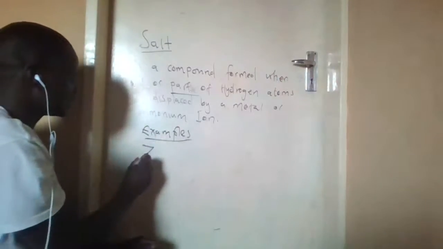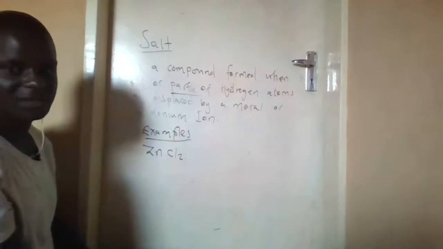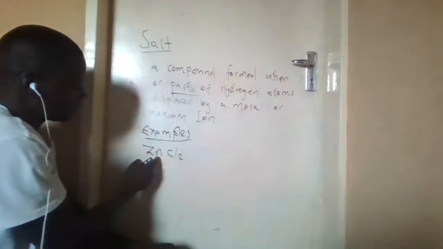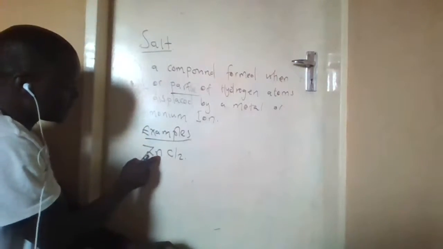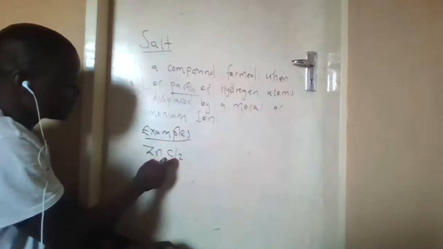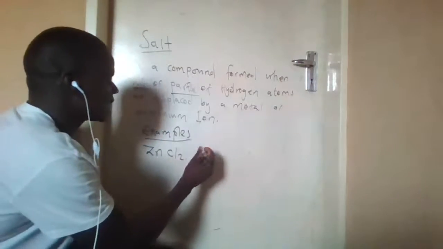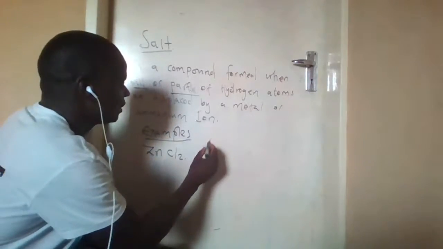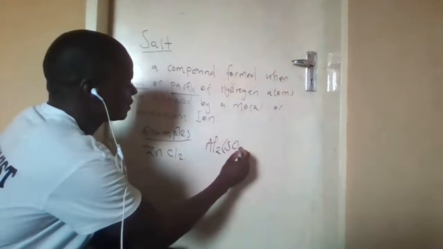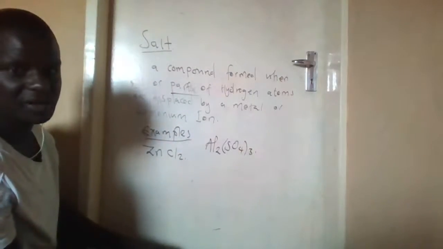So we can look at examples of salts. We can look at zinc chloride. Zinc chloride is an example of a salt, because the metal, zinc, is combined with the chloride, which is coming from the hydrochloric acid. The other one we can have is aluminium sulfate, which is an example of another salt.